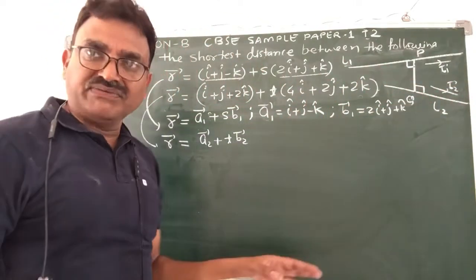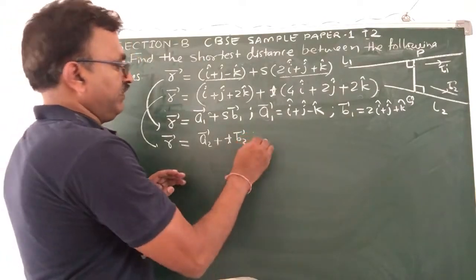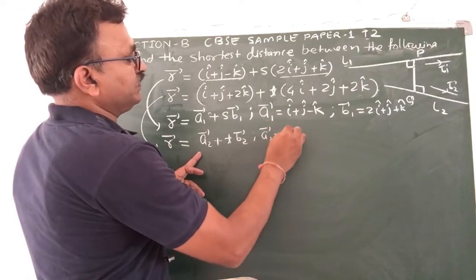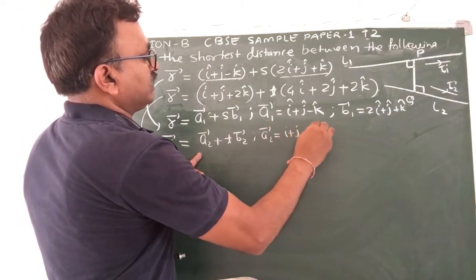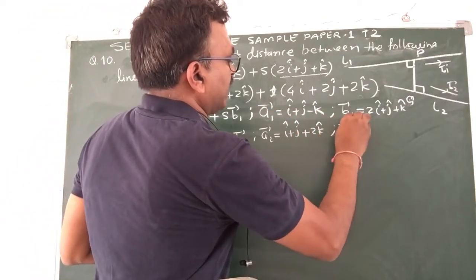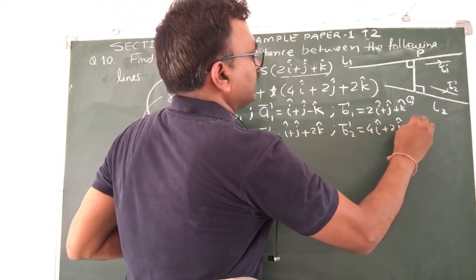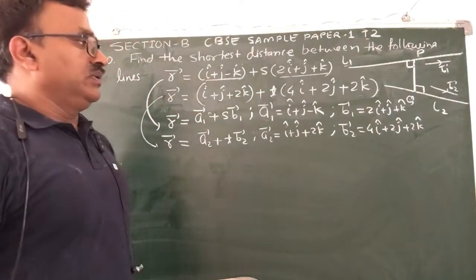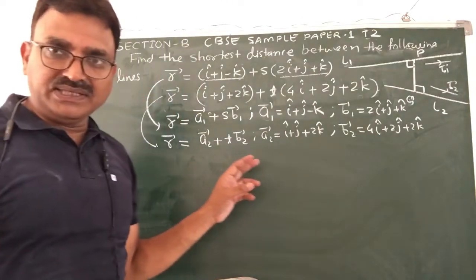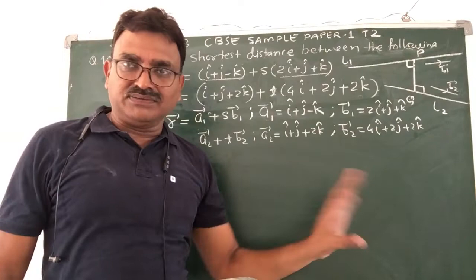These are called the direction vectors of lines. When we compare, a2 vector is i plus j plus 2k, and b2 vector is 4i plus 2j plus 2k cap. So this is the comparing of the given lines with our general form. After that we will use the formula and solve the question.